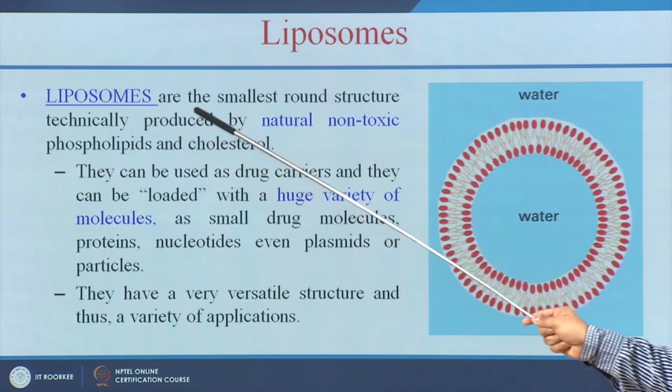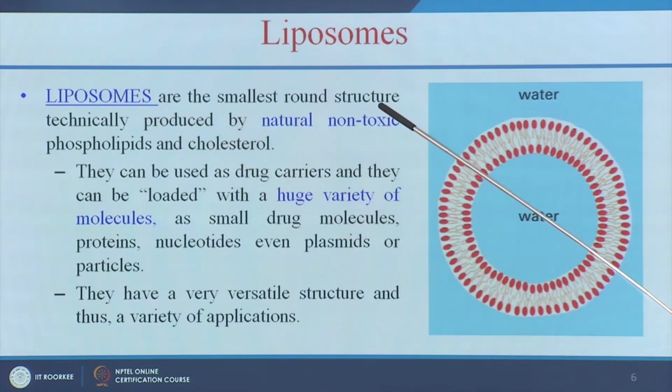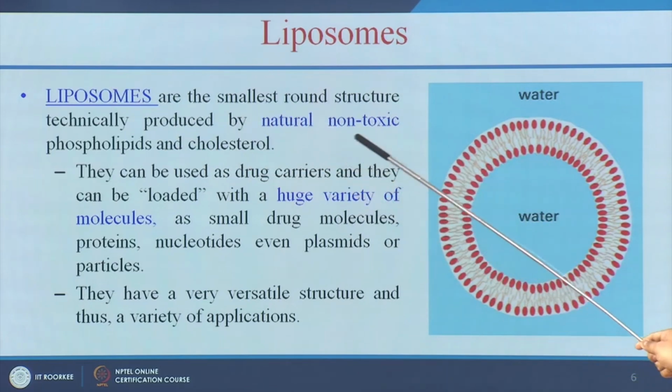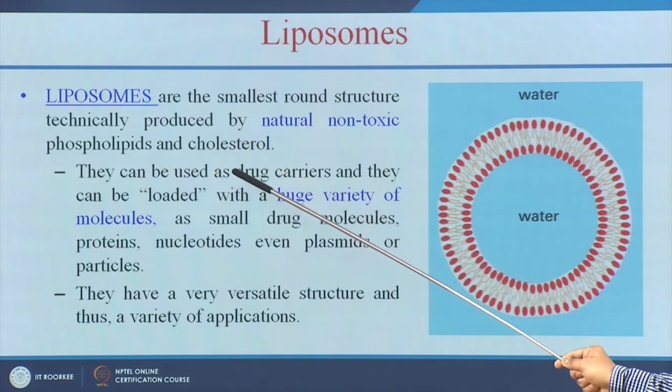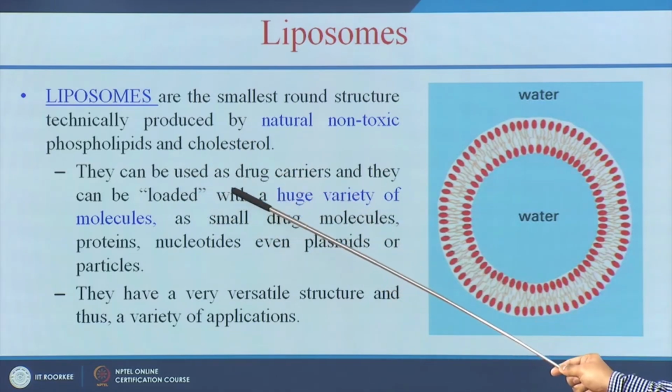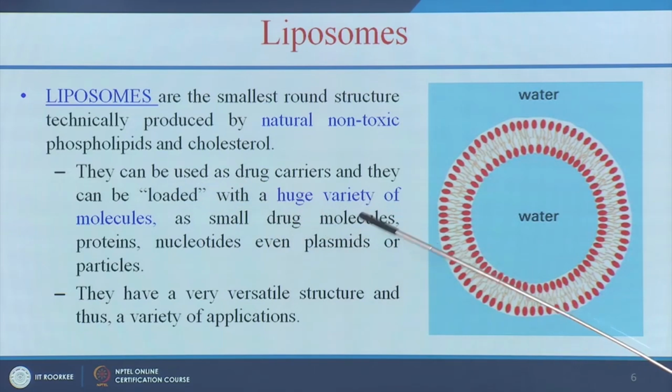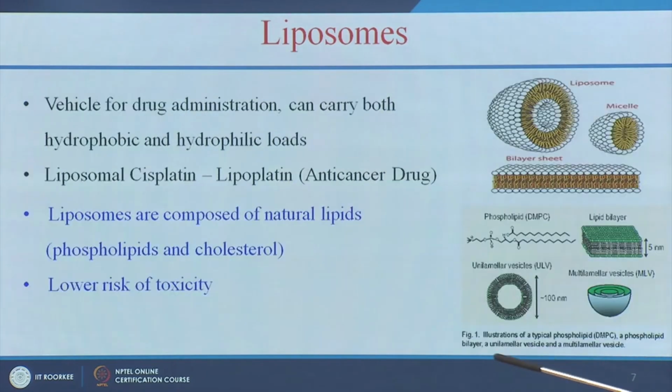Liposomes are the smallest round structures, made of naturally non-toxic phospholipids and cholesterol, and they can act as a very good drug carrier. They can even carry plasmids and nucleic acids, so they have wide applications in drug delivery.